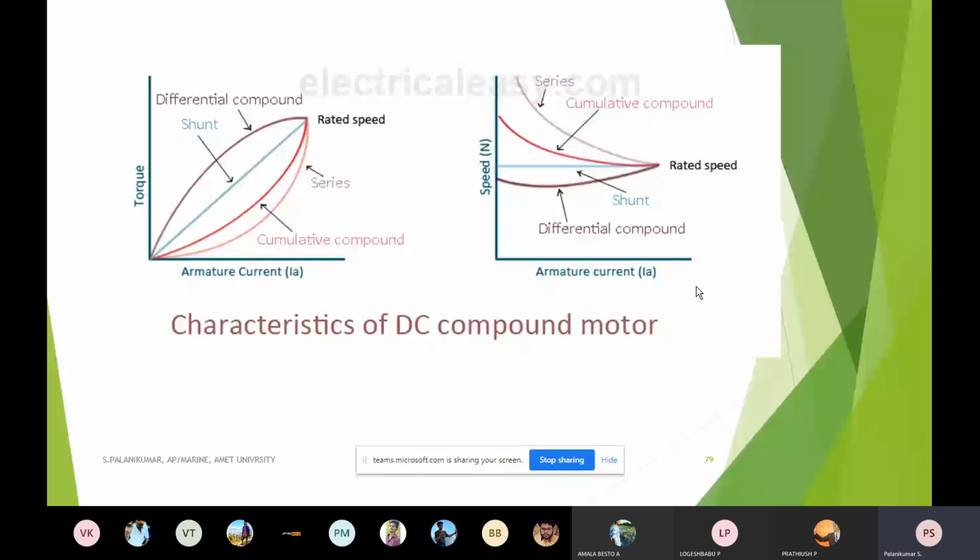Earlier, if you wanted to control the induction motor, either I had to change the voltage or I had to change the frequency.